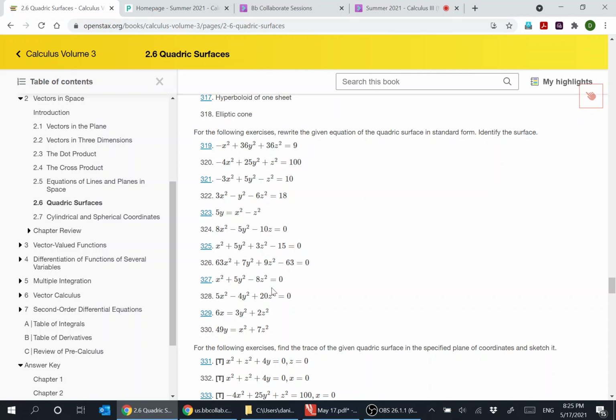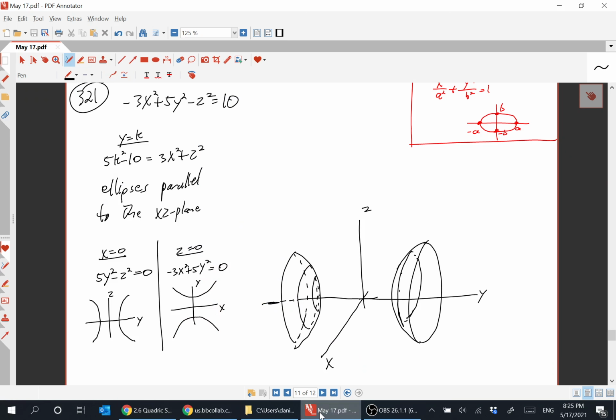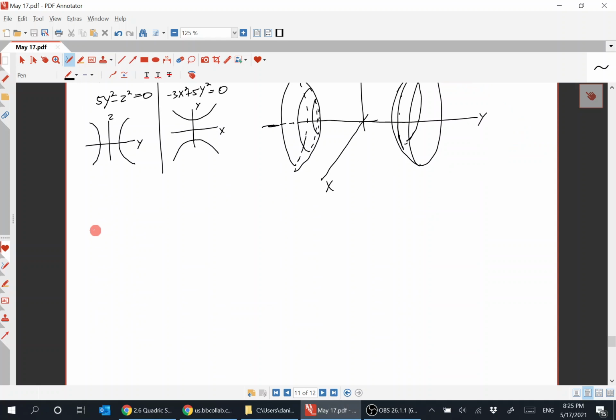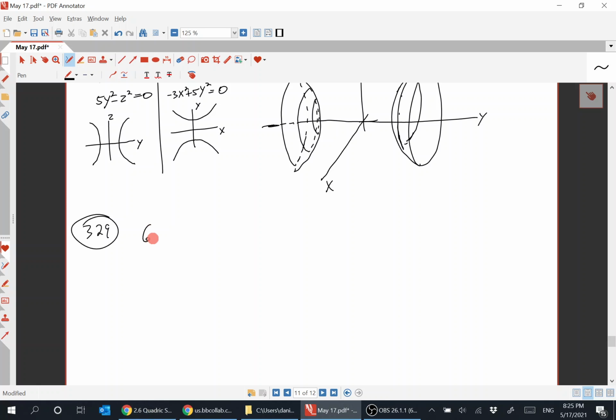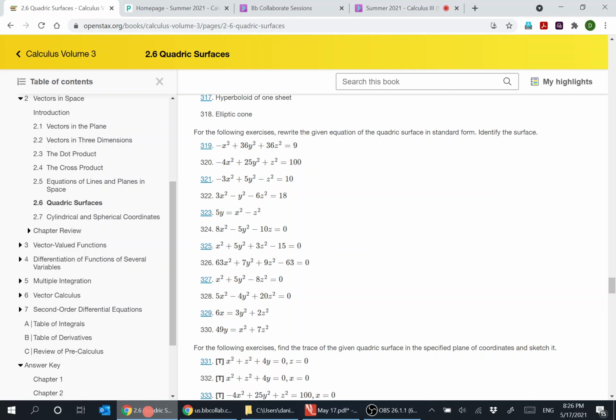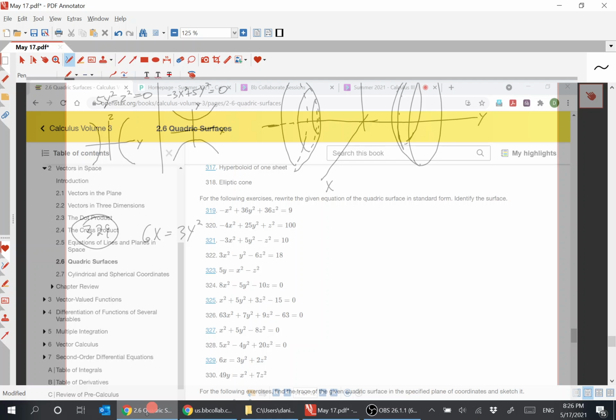So let's take a look at 329, a little bit different. So in 329, 6x equals 3y squared plus 7z squared.